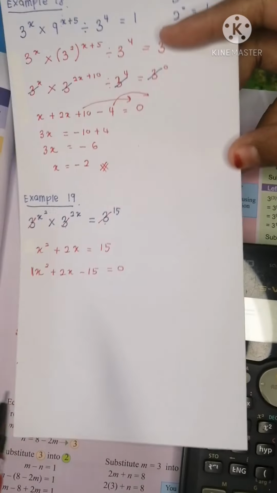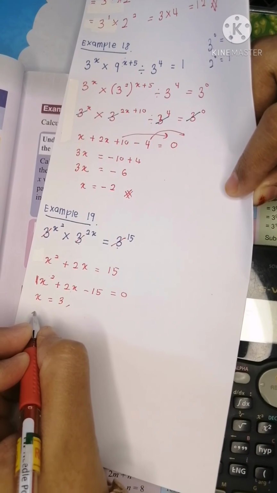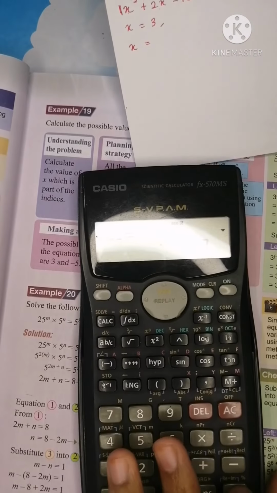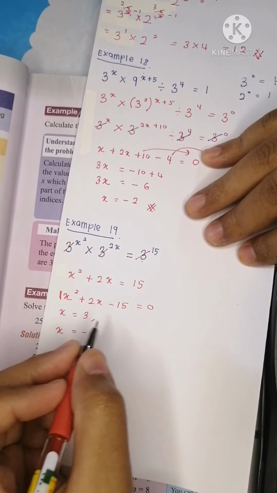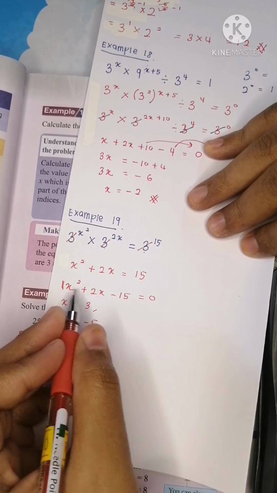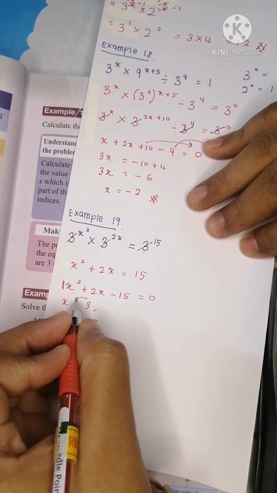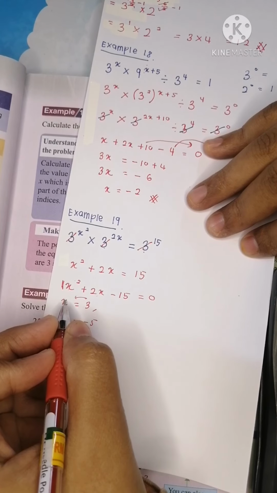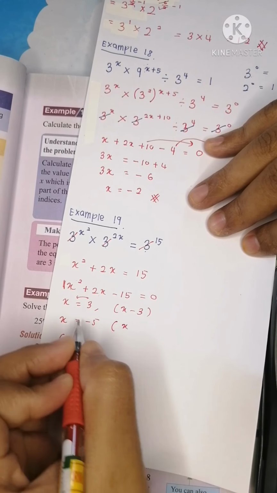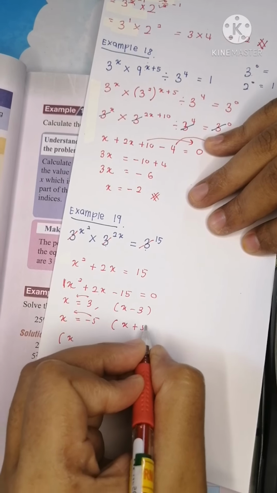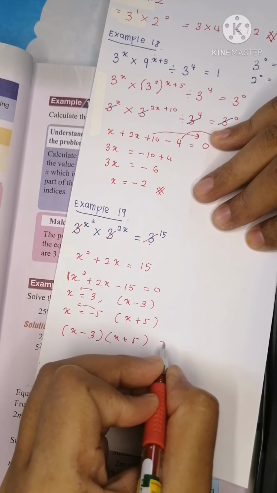So x1 is 3, and for the second x, the answer is negative 5. Based on the calculator, we bring them to the left, so it becomes x minus 3 and x plus 5 equal to 0.